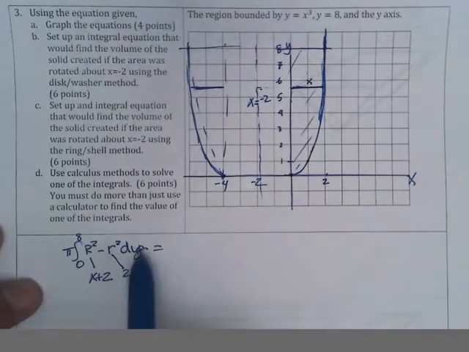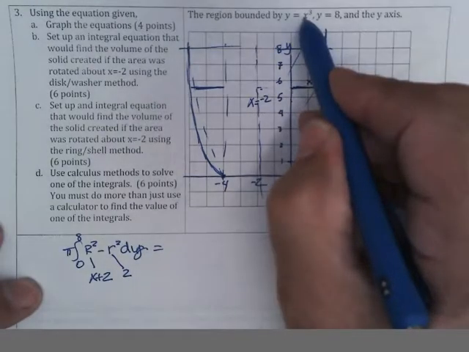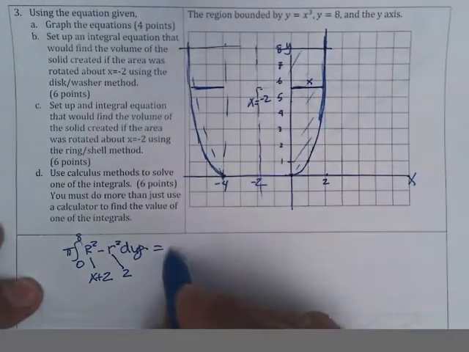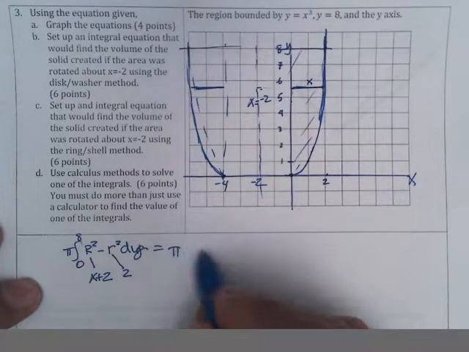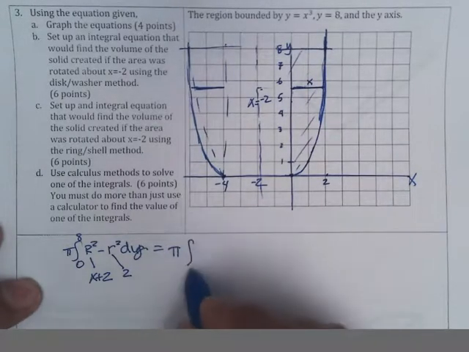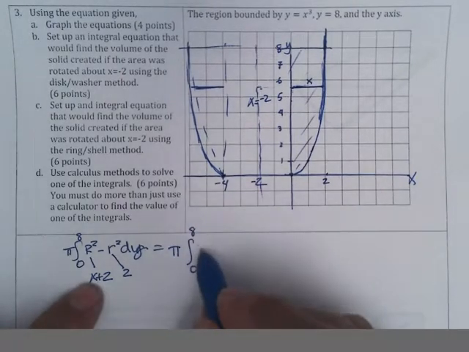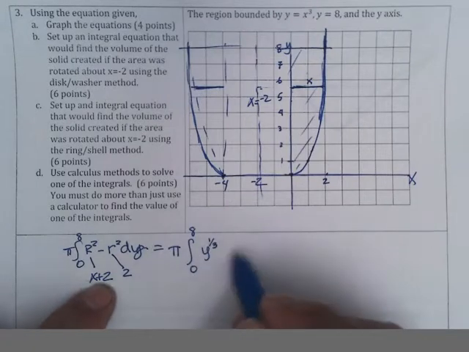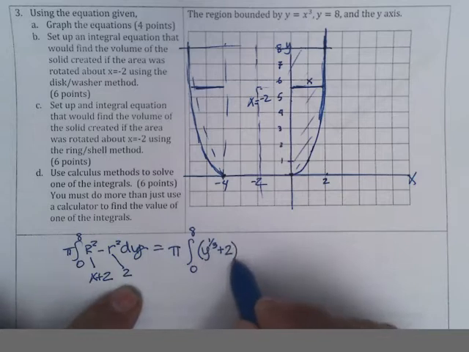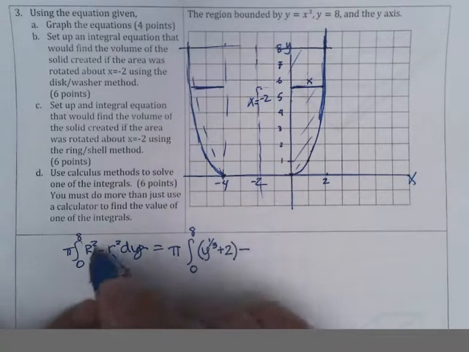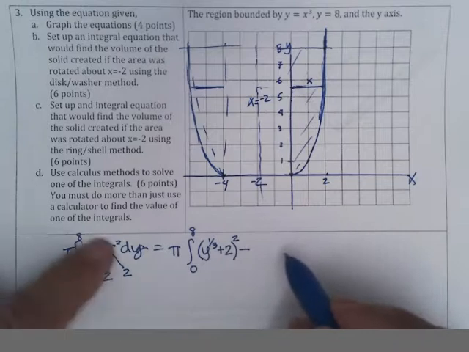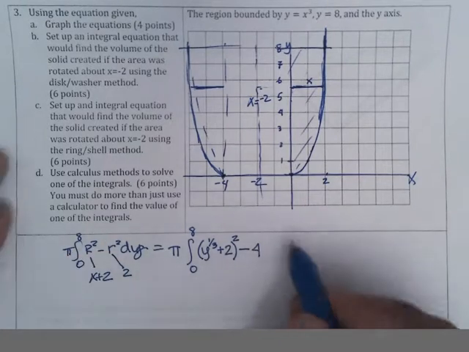But I need to be in y's, so I have to solve for x, and that would be the cube root of y, so it's going to be pi antiderivative from 0 to 8 of the cube root of y, that's y to the 1/3, plus 2, and that's all squared, minus 2 squared, dy.